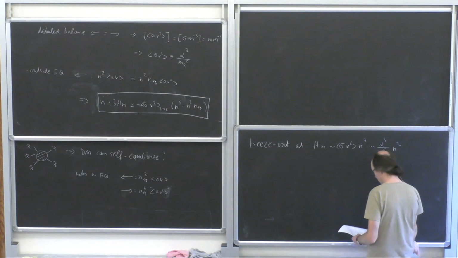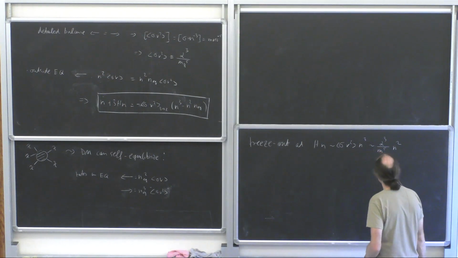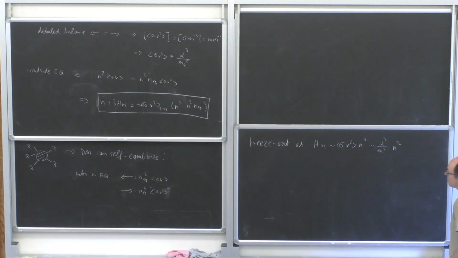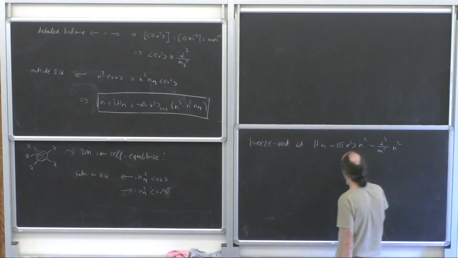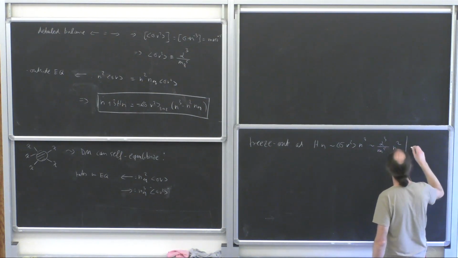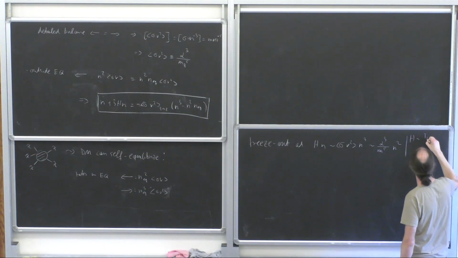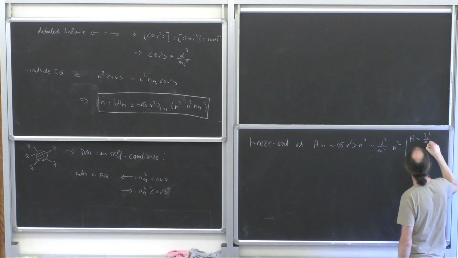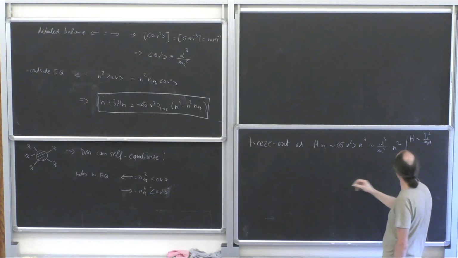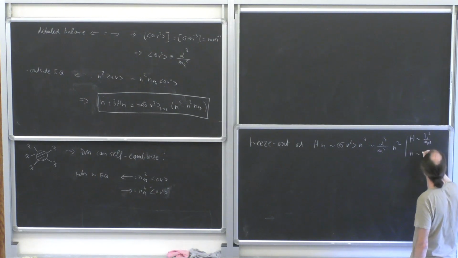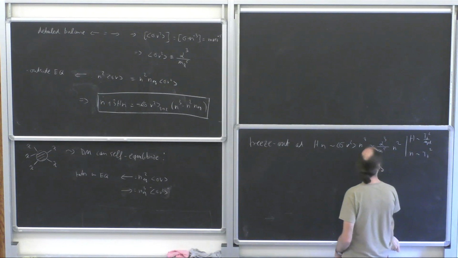Well, then we do the same estimates as before. So our H is T freeze out squared by m Planck. We have an n that is T freeze out squared.